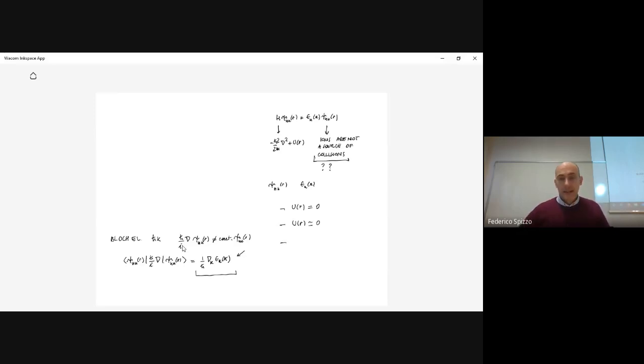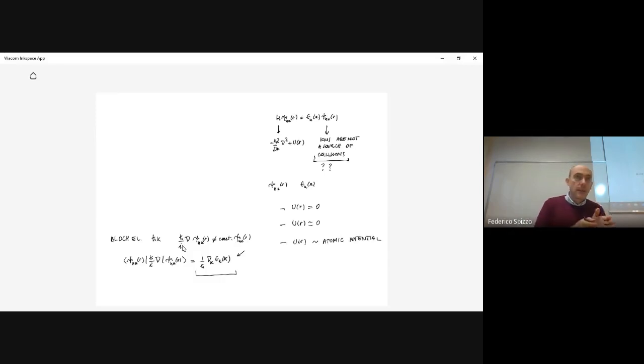Then, since the idea is to try to discuss the properties of all the electrons in the solid, not just the electrons that can be considered free or nearly free, there will be another part of the discussion when U of R is different from 0 and strong, so strong that U of R resembles the atomic potential.